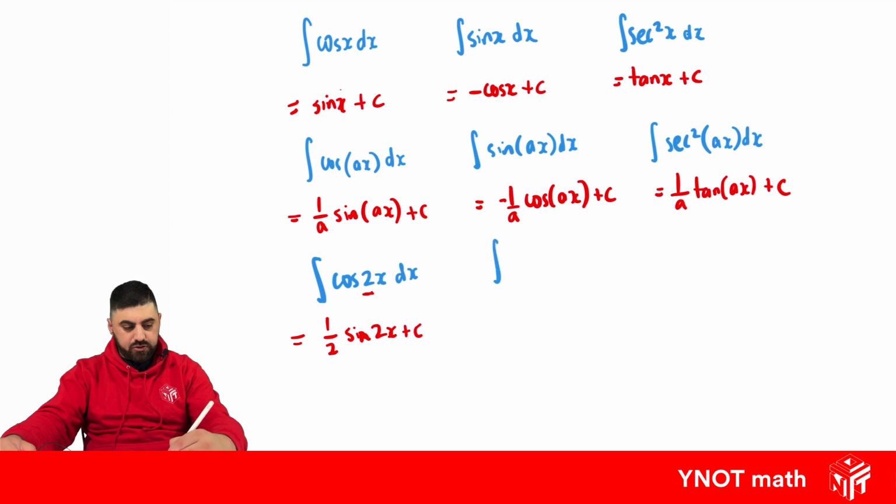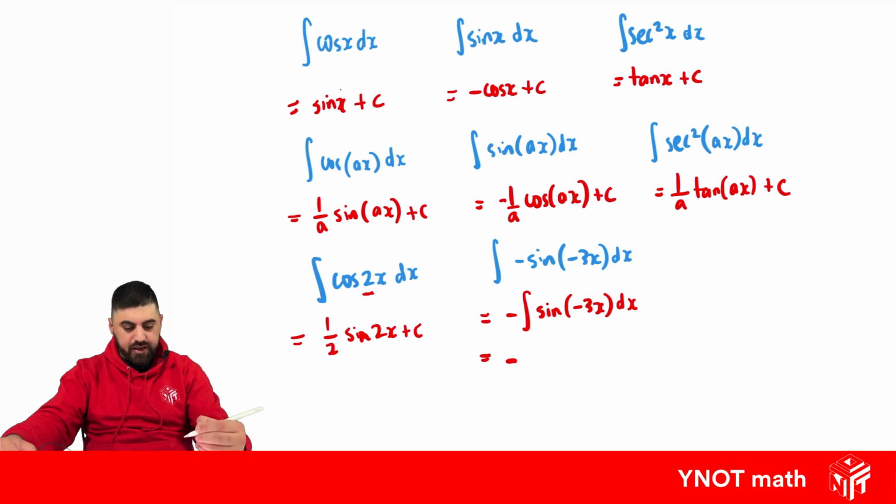Let's look at the integral of minus sine of minus 3x dx. So here we can pull the negative out of the integral. So we have minus outside of sine of minus 3x dx. And applying the rule we just learned, we've got the minus out the front, and the integral of sine is minus cos.